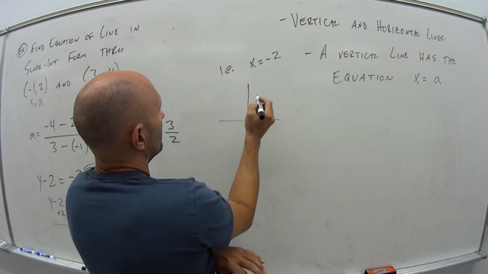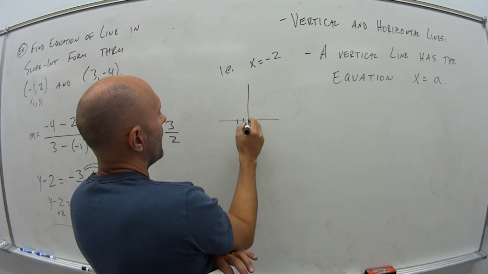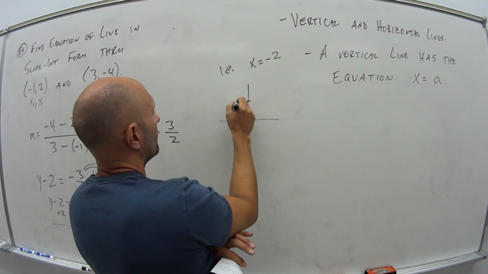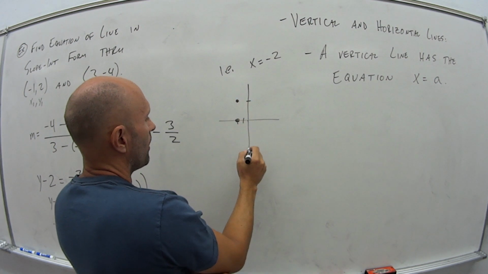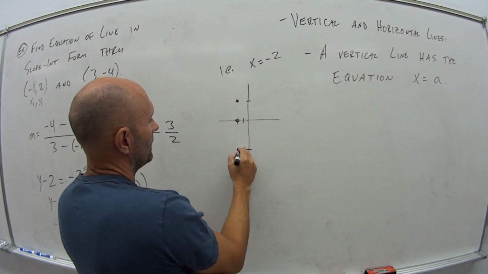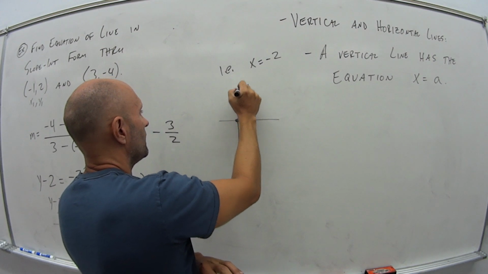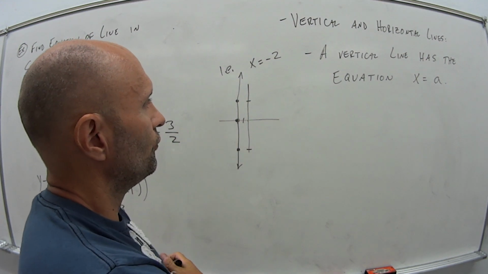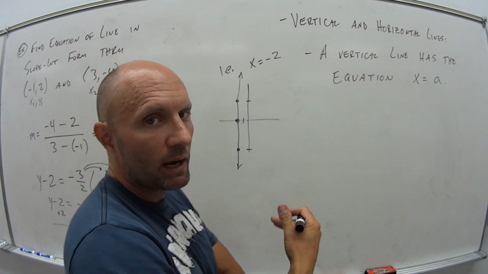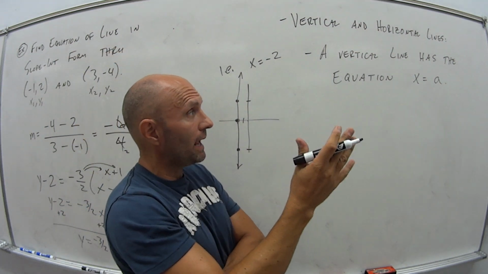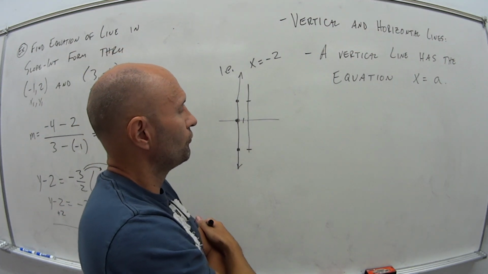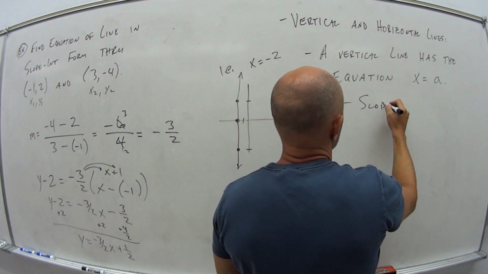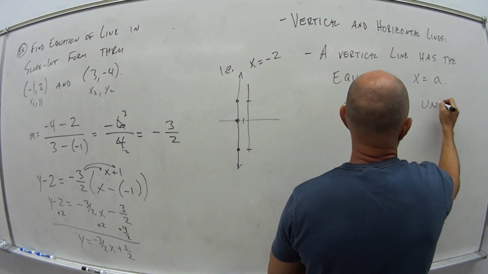Because if y is 0, x is negative 2. If y is 4, x is negative 2. If y is negative 8, x is negative 2. So it gives me a vertical line going through the point negative 2, 0. So when I have the equation x equals any value a, it's a vertical line that goes through that point a. And the slope, as I mentioned earlier, is undefined.